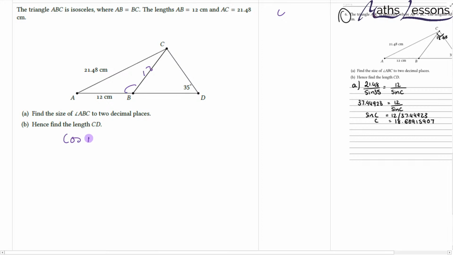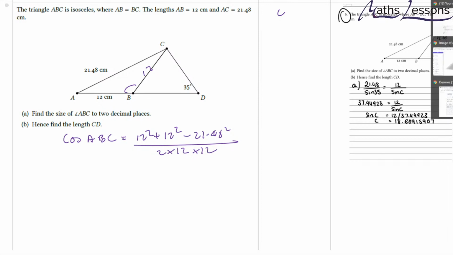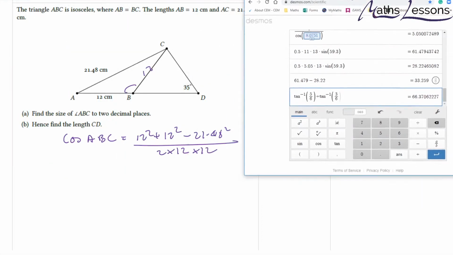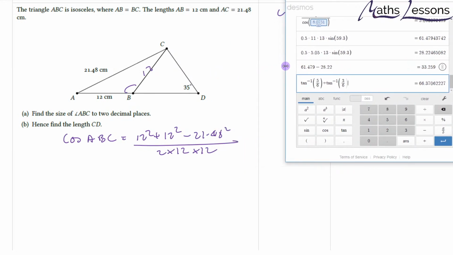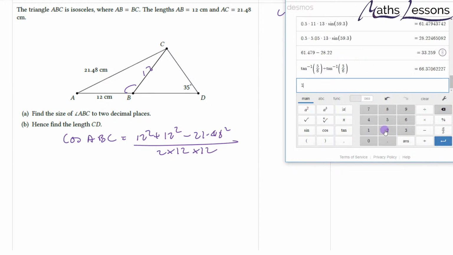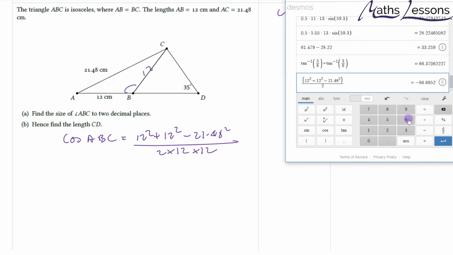So cos of ABC equals 12 squared plus 12 squared minus 21.48 squared, all over 2 times 12 times 12. So let's calculate.